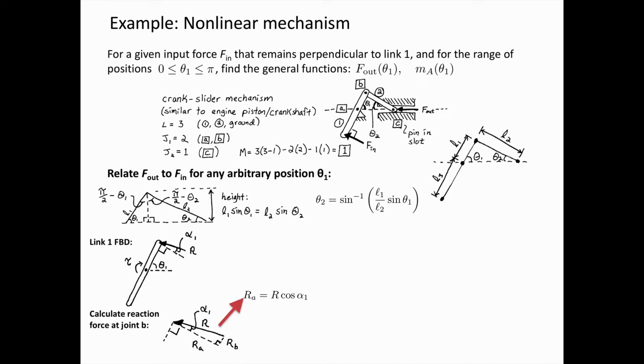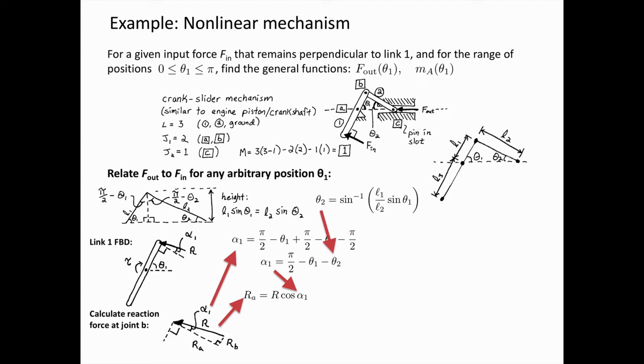With this, I can define RA as equal to R cosine alpha 1. Now here's a little bit trickier part, defining alpha 1 as a function of theta 1 and theta 2. I'd recommend that you have a look at this and verify for yourself that this is correct based on the geometry that I've described.